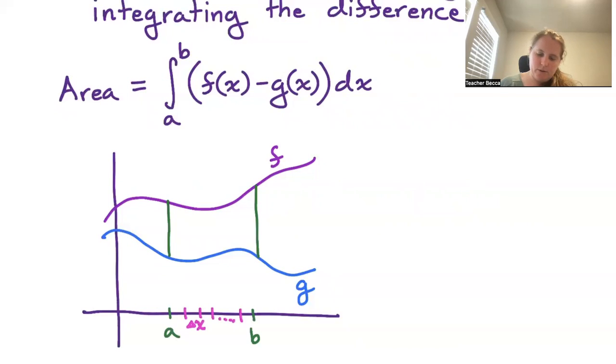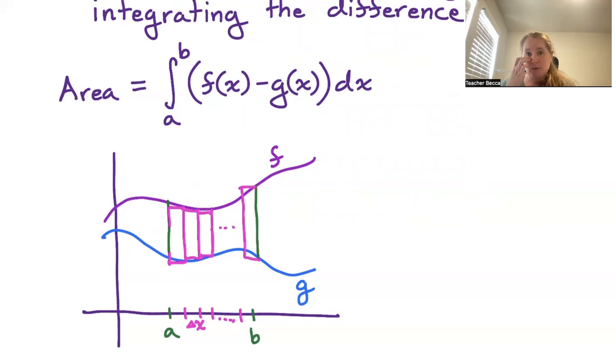And we could use the right-hand side or the left-hand side, whichever one we wanted. We could do right-hand sides of each and just draw a bunch of rectangles where the height is the difference between the f and g at that right-hand side, and just add up all of these rectangles.